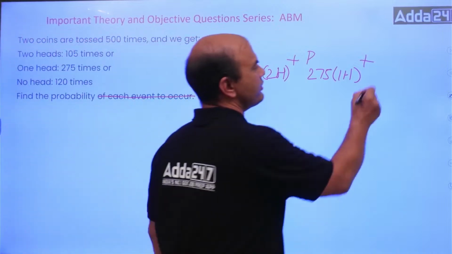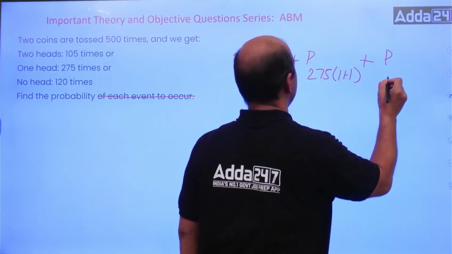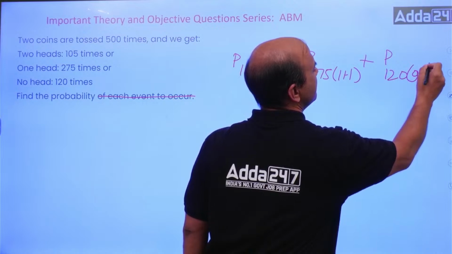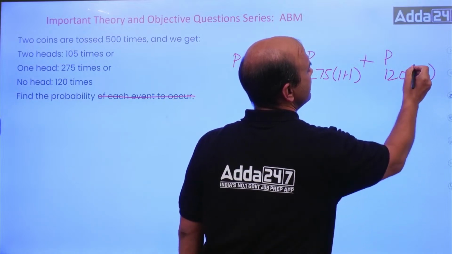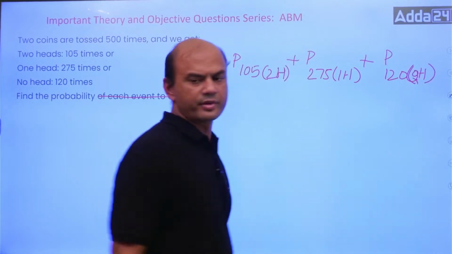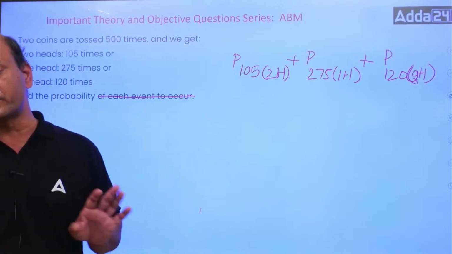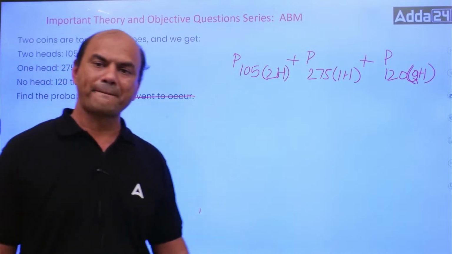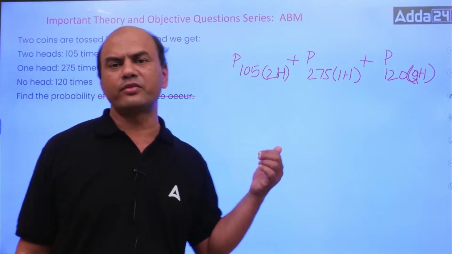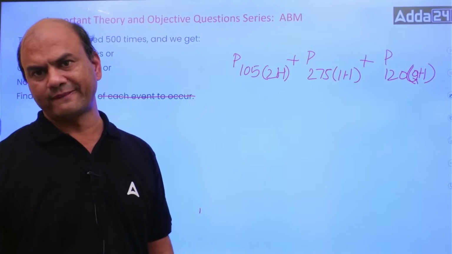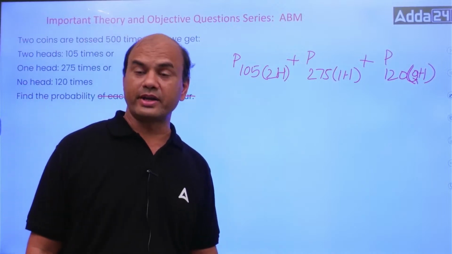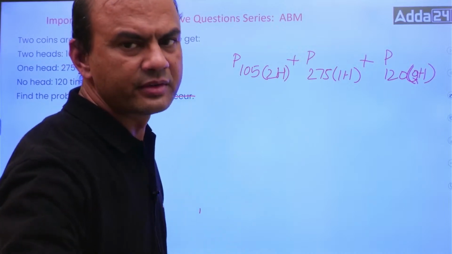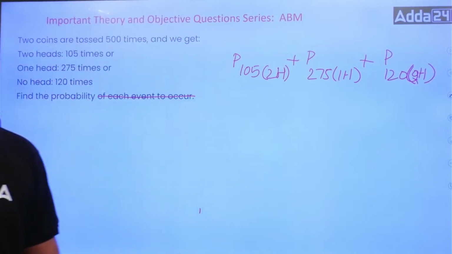So probability of 120 times no head, zero head. So this is what you have to find out. This or this or this, all the three. So how to find this out? You want two heads 105 times. Try to solve this, everyone. It is simple. It's very simple.